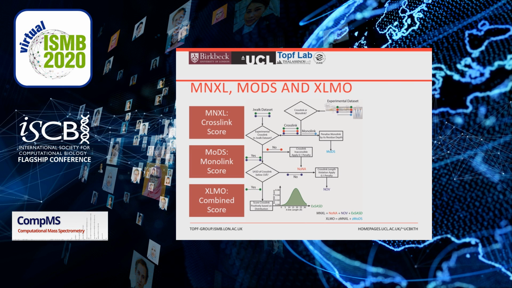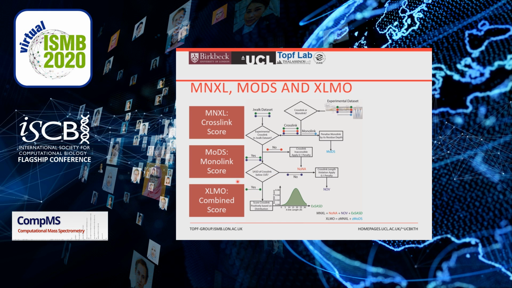We then go on to combine our MoDS score with our previously defined MNXL score. So this score is for scoring crosslinks, and this flowchart shows an outline of the process. So in this first step, as previously mentioned, we score monolinks using MoDS, and then we go on to look at the crosslinks. So we will basically give the crosslink a negative flat penalty if it is either inaccessible or if the crosslink itself is too long.